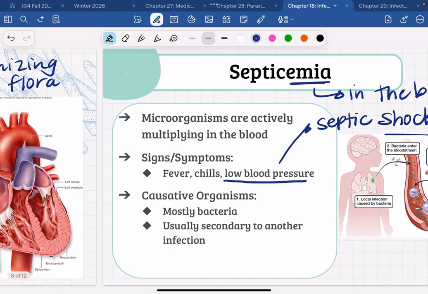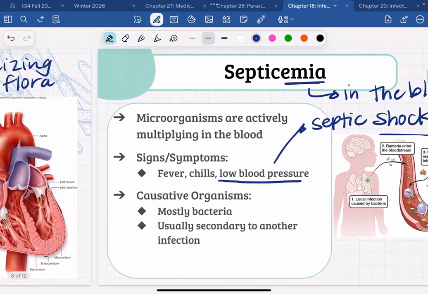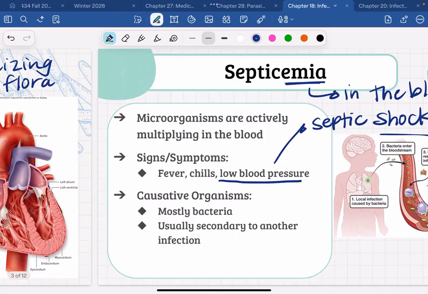Okay? And the thing to remember is that any bacteria that causes infection in a human body is capable of causing septicemia. You can get septicemia secondary to gonorrhea. You can get septicemia secondary to an eye infection or an ear infection or pneumonia or a UTI or food poisoning or anything else.